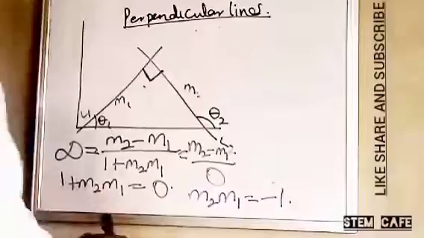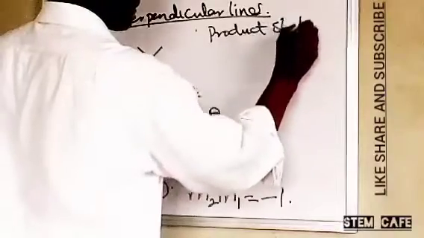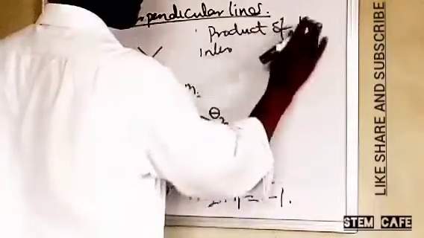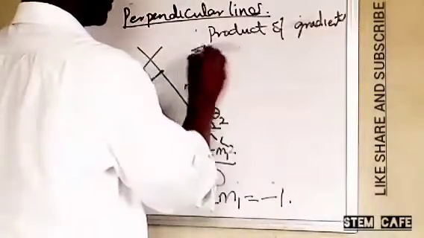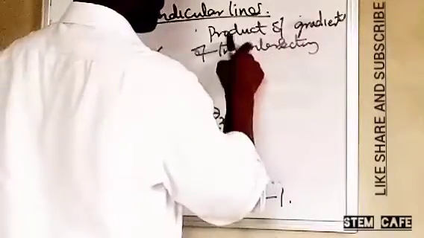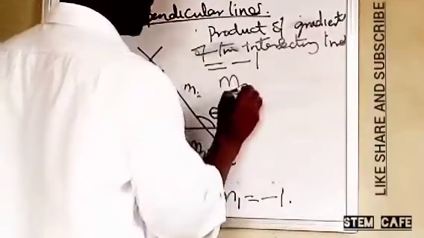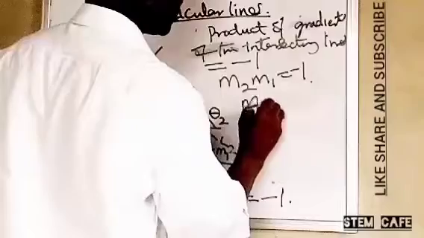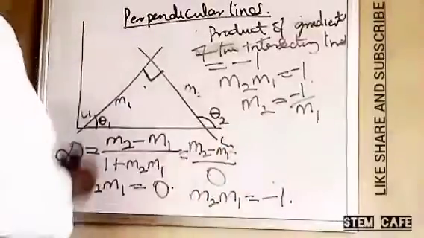The product of the gradients of two intersecting perpendicular lines is equal to minus 1. So M2 M1 is equal to minus 1. So M2 is also equal to minus 1 over M1, or M1 equals minus 1 over M2.